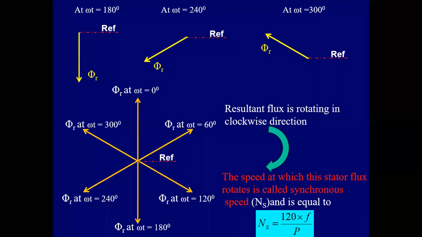I will tell you why the induction machine is singly excited: because we give the three-phase AC supply to the stator only. Only the stator winding is connected to the supply, only the stator is excited. That is why the induction machine is singly excited.